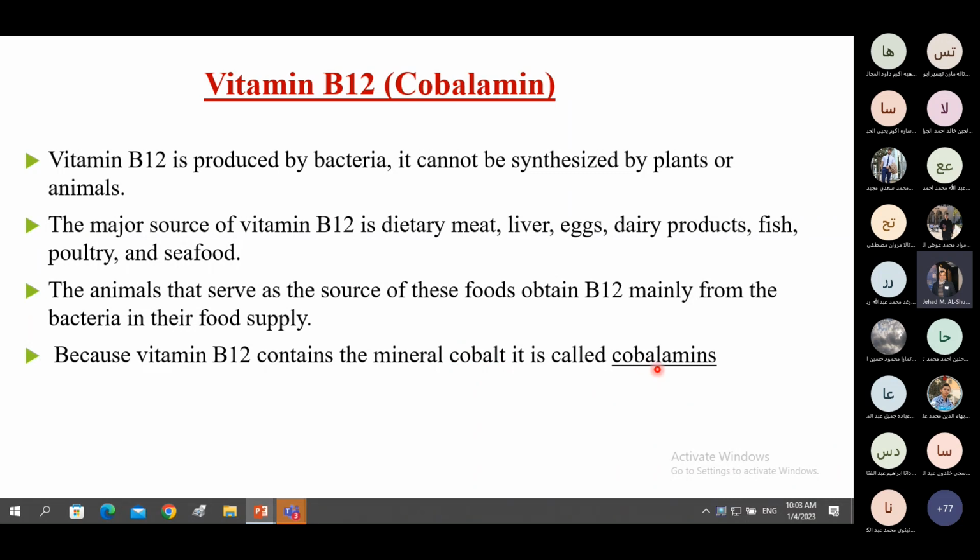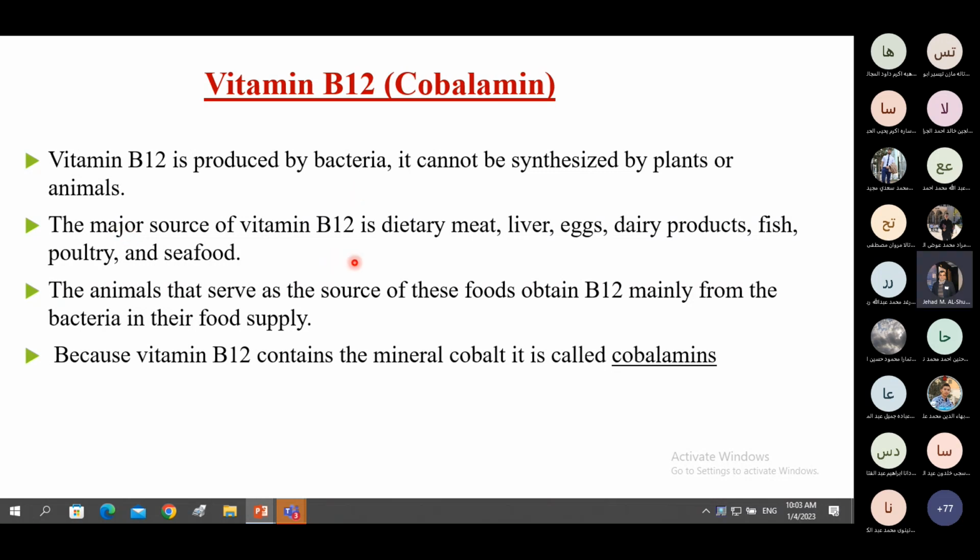Cobalt. This is why we call it cobalamin. See, vitamin B12 is produced only by bacteria. It is not produced by plants or by animals. The only creature that produces vitamin B12 is bacteria.